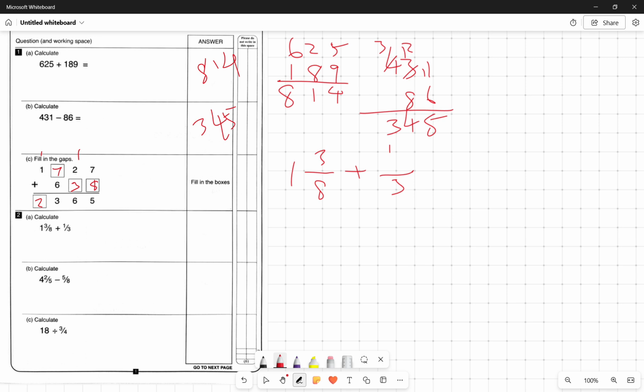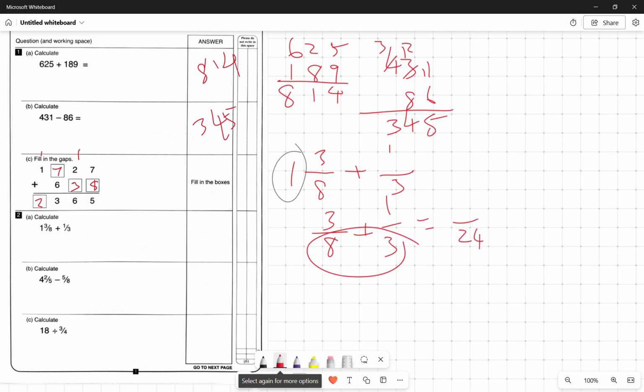Keep the whole number separate, and solve only the fraction if the question is addition. So 3 over 8 plus 1 over 3, using the butterfly method. 8 times 3 is 24, and 3 times 3 is 9, and 1 times 8 is 8.